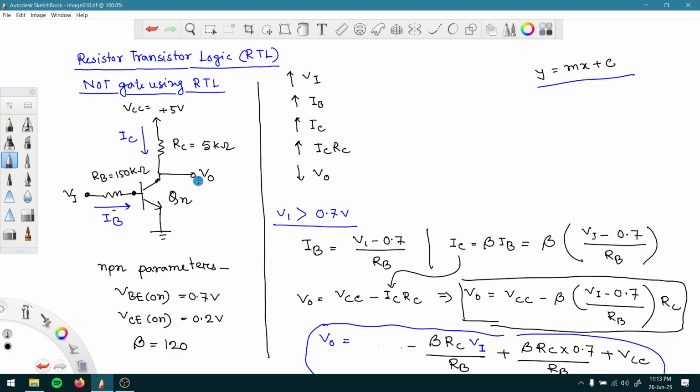V0 can be called VCE because V0 is at the collector terminal and the emitter is connected to ground. So if V0 reduces and reaches a value of 0.2 volt, that is the saturation region. Using that understanding, we will try to formulate what value we are going to get for the input.